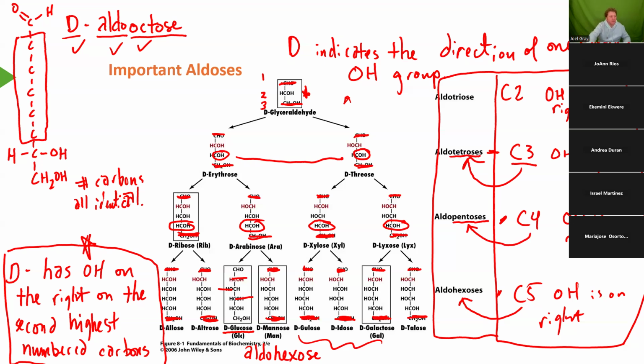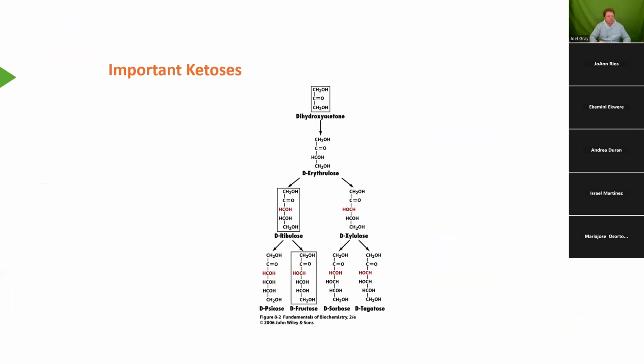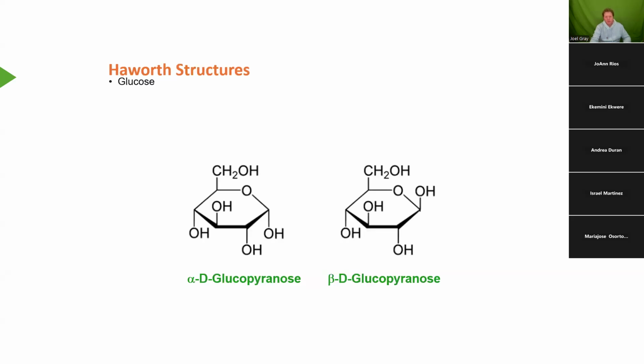Now, with that in mind, here are the ketoses. There's fewer ketoses, and there's not any structures that I want you to commit to memory or anything like that. Now, what's more common when it comes to glucose is glucose more than likely is going to be depicted as a cyclic molecule.